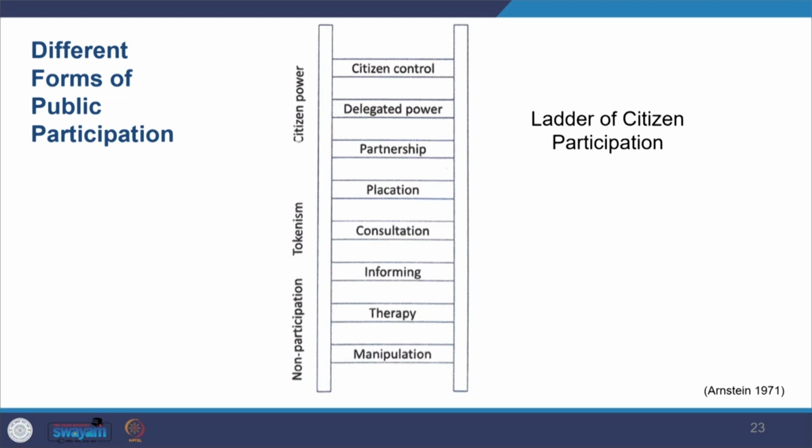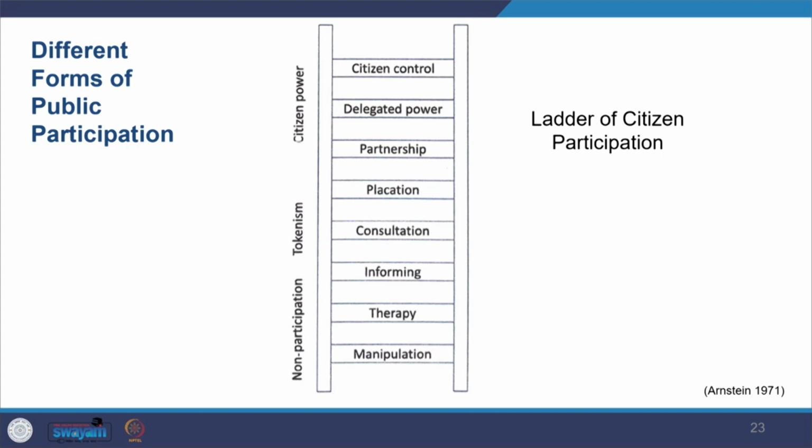So through her concept, she identifies 8 rungs on a ladder of citizen participation, ranging from non-participation through tokenism to citizen power. If you see the ladder here, the bottommost rung is where the proponent of the project is engaged in more of a manipulation. You're not really informing anything, you're not really taking their views and perspective and so on.